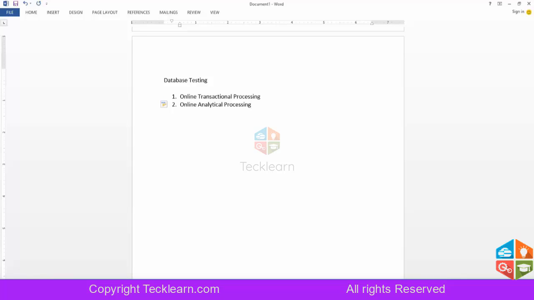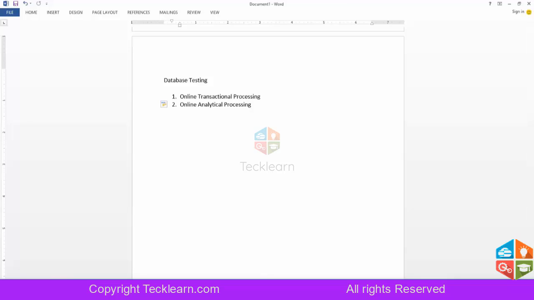These are the only two formats in which a database is organized in any organization. Now the third format is coming up, which is big data. A little untraditional, but traditionally most companies organize the data in these two formats: OLTP and OLAP.